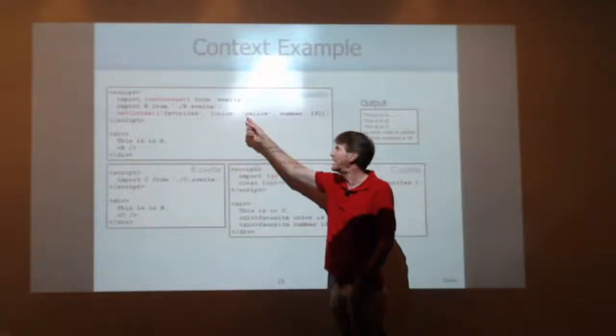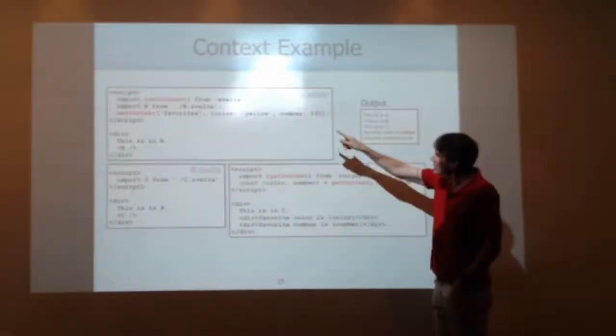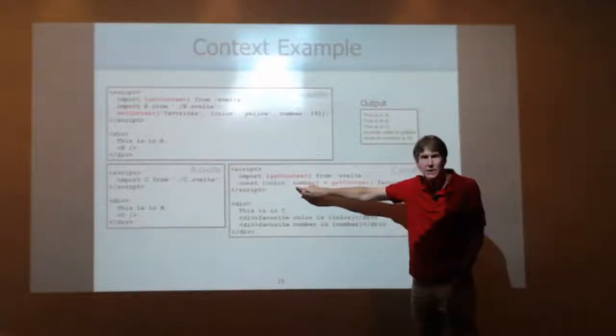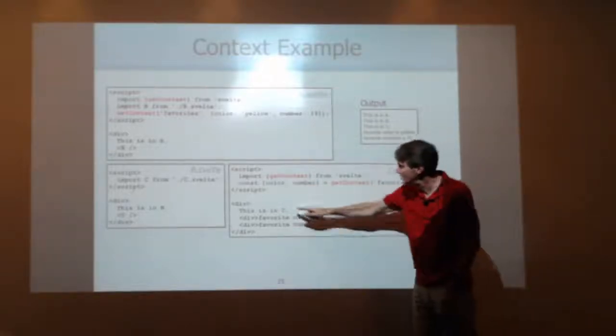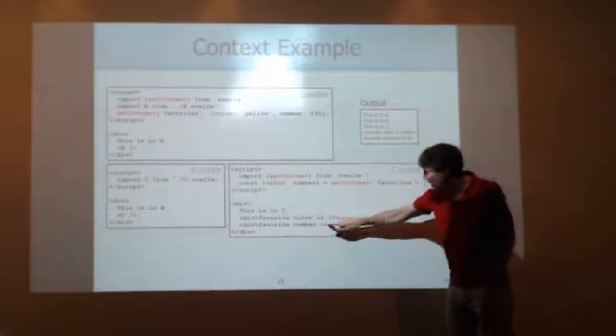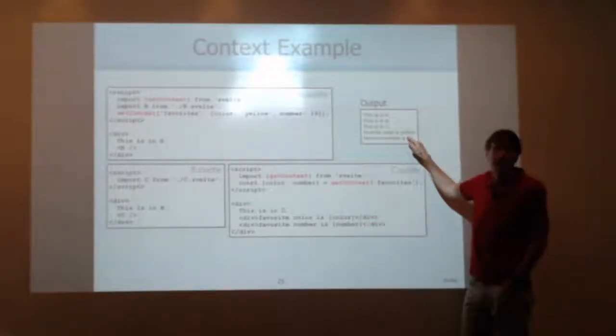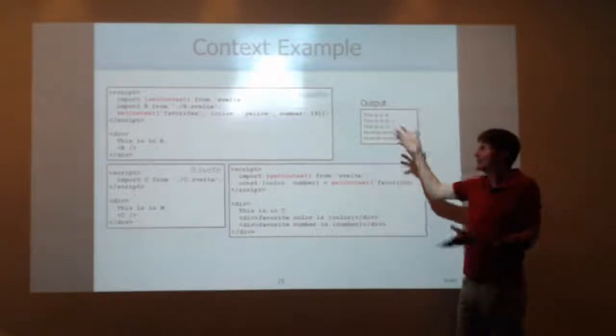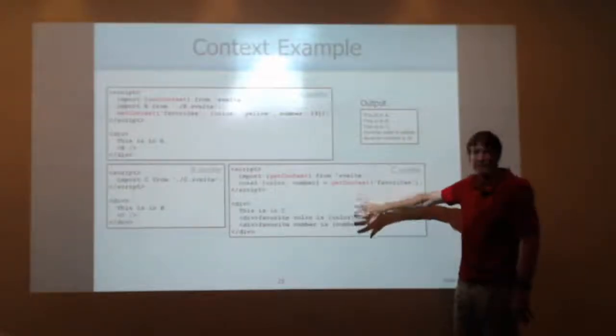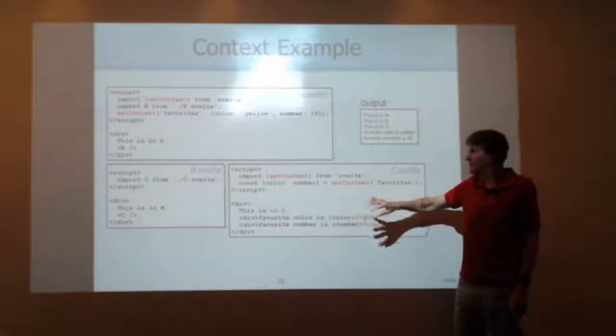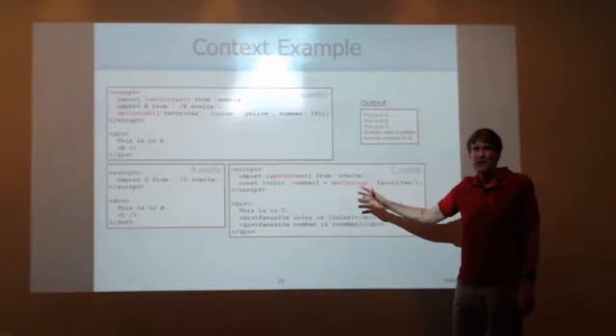So it looks up in A, and it finds it. And so it pulls down that object, and I'm going to use destructuring and pull out those values. And now I can say this is C, and the favorite color is yellow, and the favorite number is 19. So really easy to get data from some ancestor down to any descendant. It's just that it's not dynamic. It's not reactive.